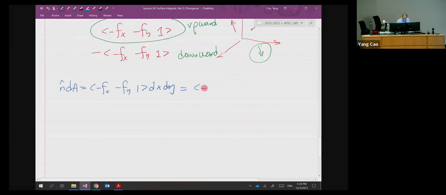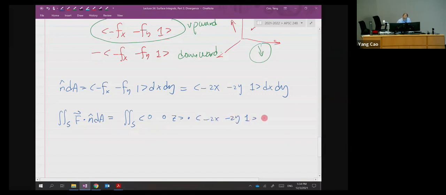So the partial derivatives give 2x, negative 2y, and 1 dx dy. Then the surface integral is F dot n hat dA. F is given as z hat, which is 0, 0, z, dot the n hat dA, dx dy.